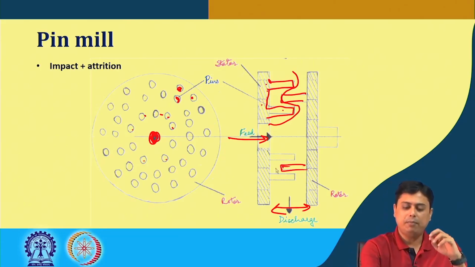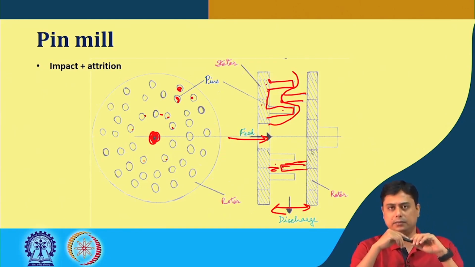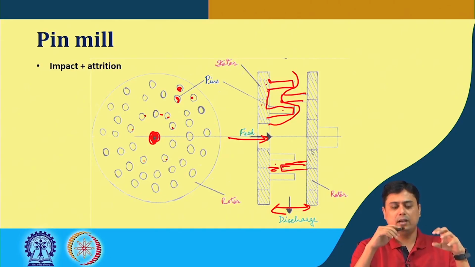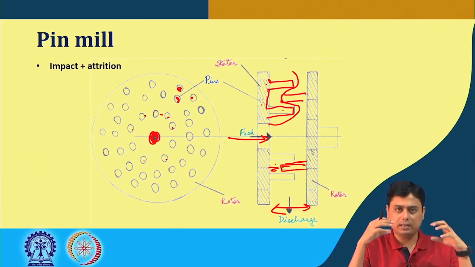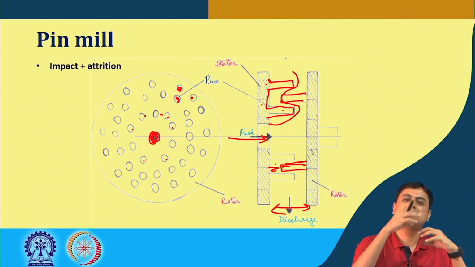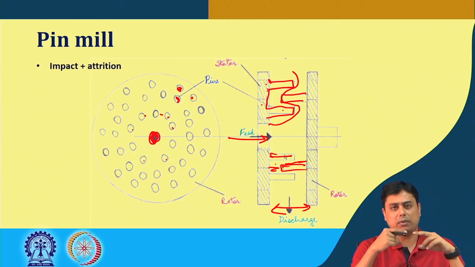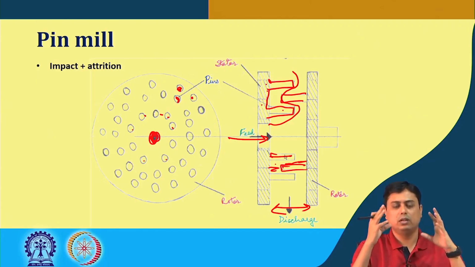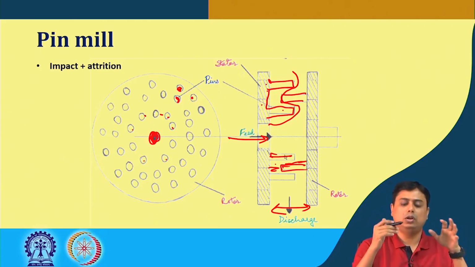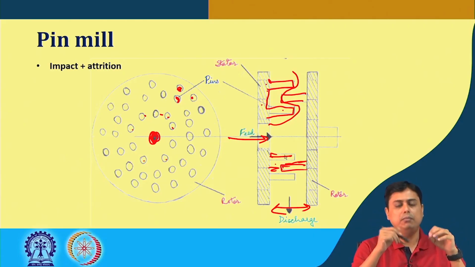And this gap basically dictates how much loading of the solids it can handle. So, here we have impact of these teeth with the solid particles, as well as attritions between the solid particles. The dominant mechanism here is impact plus attrition.